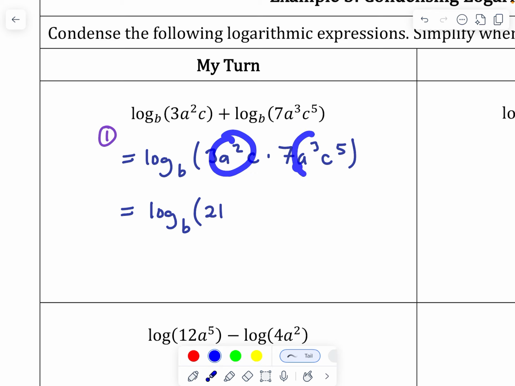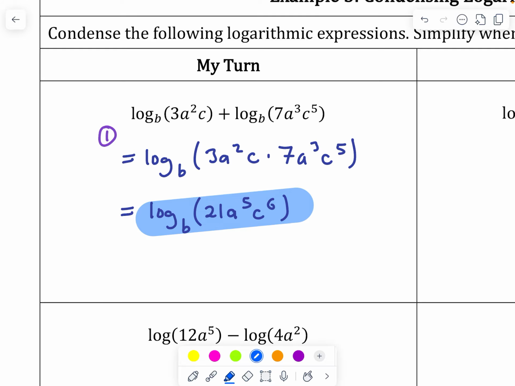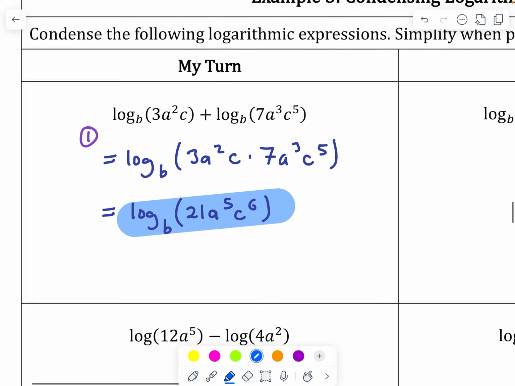A squared times a cubed is going to be a to the 5th, and c times c to the 5th is going to be c to the 6th power. And there you go. You've taken two logarithms and you've rewritten them as a single logarithm. That's the answer. Go ahead and try the next one.